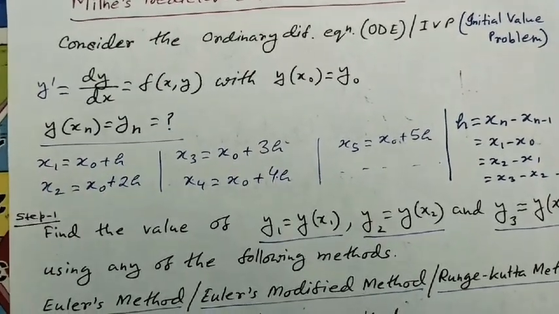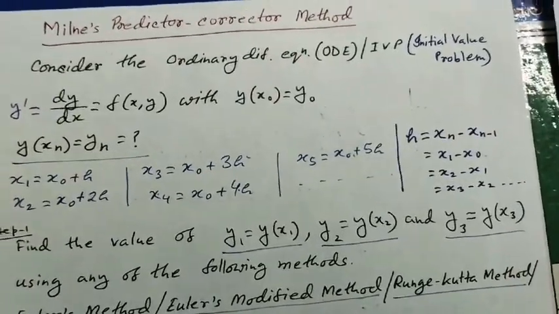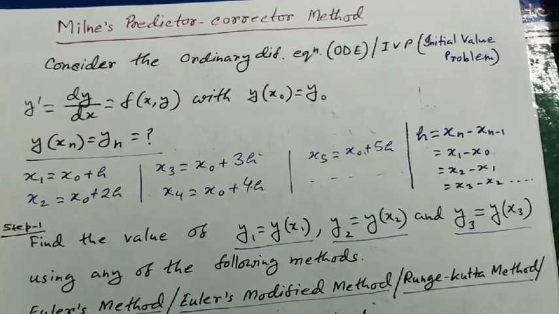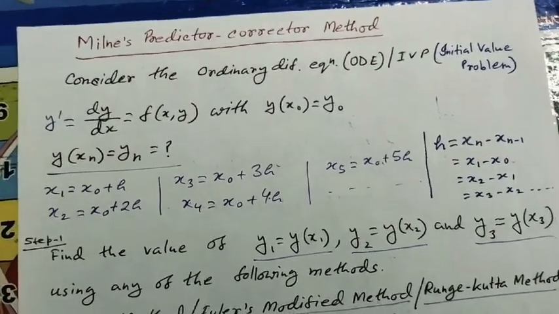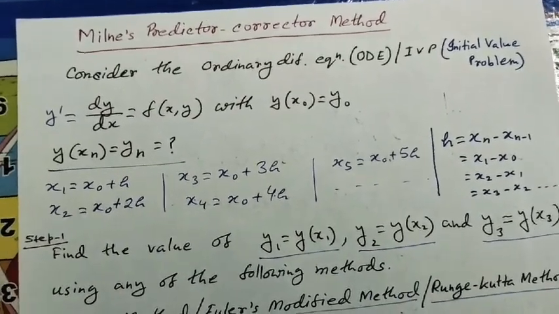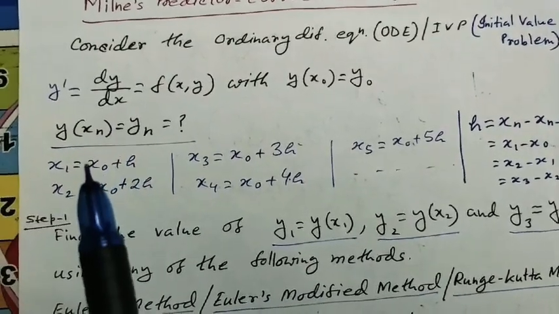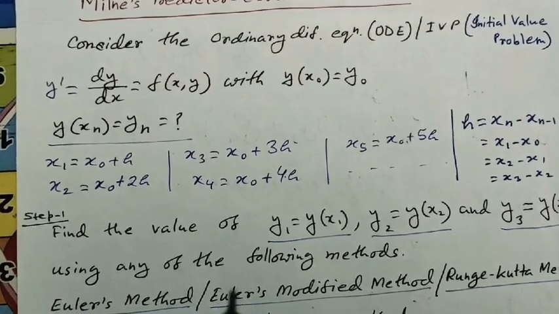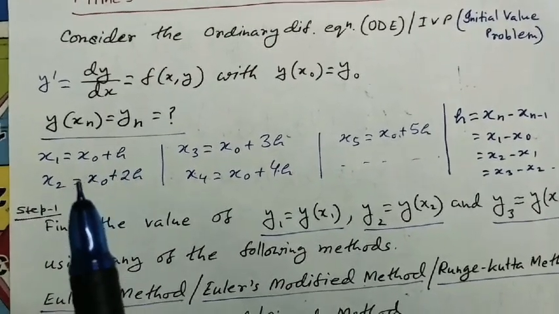Now what is the difference between the other methods and this predictor-corrector method? To find the solution of an ordinary differential equation using the predictor-corrector method, we have to choose xn in such a way that to find the value of y(xn), we use at least 4 steps.